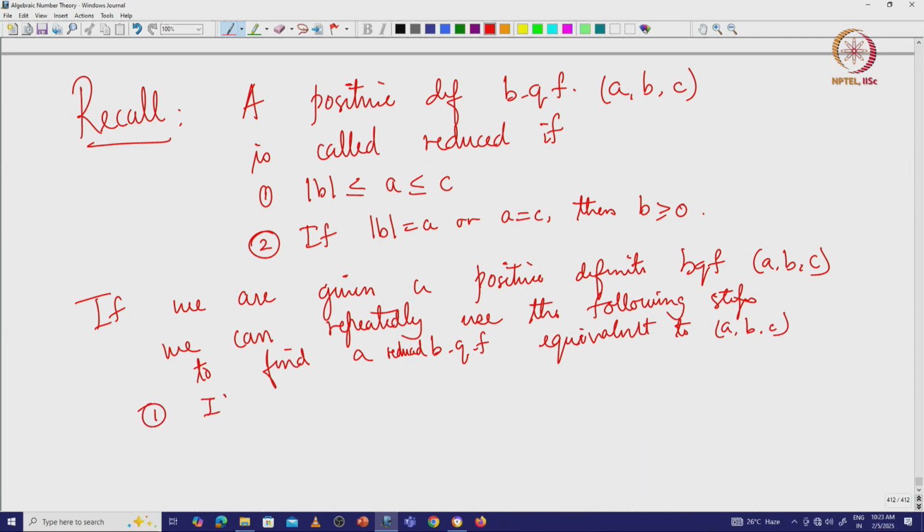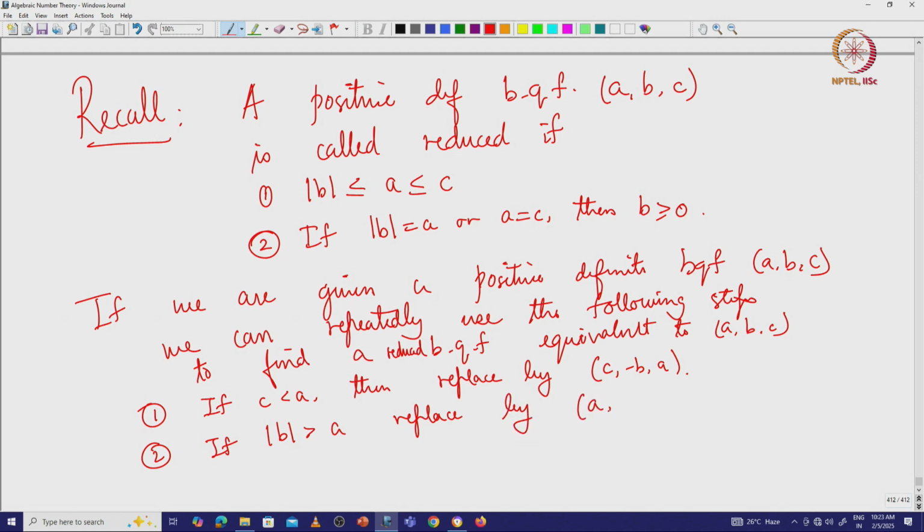And what is the first step? Well, the first step is if c is less than a, then replace a, b, c by c, minus b, and a. Secondly, if mod of b is bigger than a, then replace by a, b plus 2ka, and some c prime.